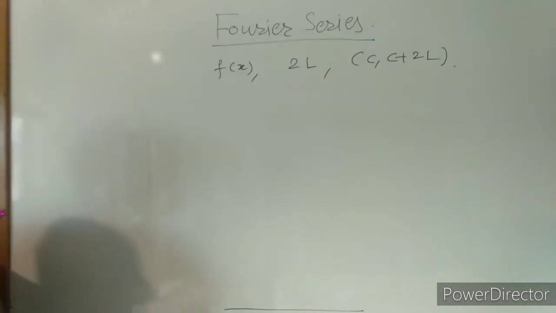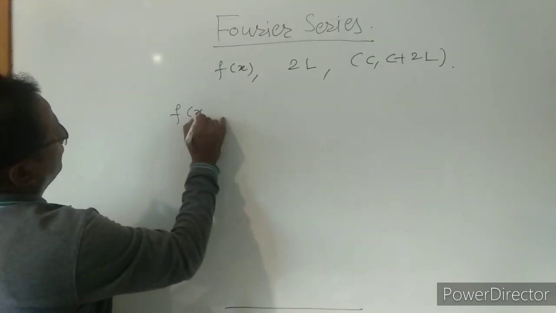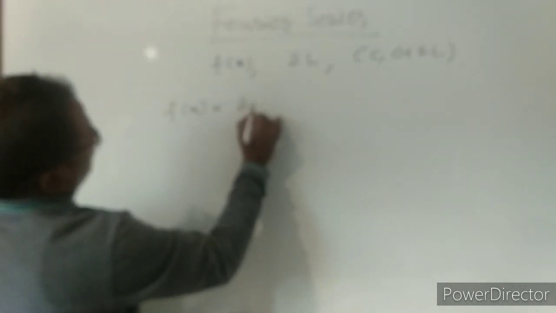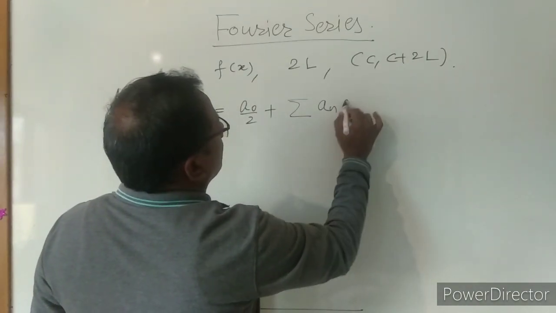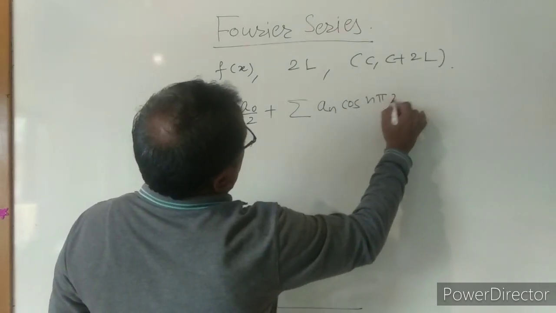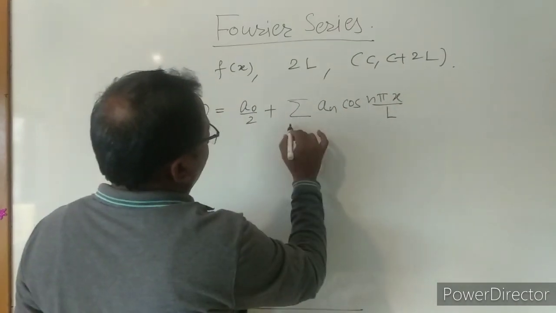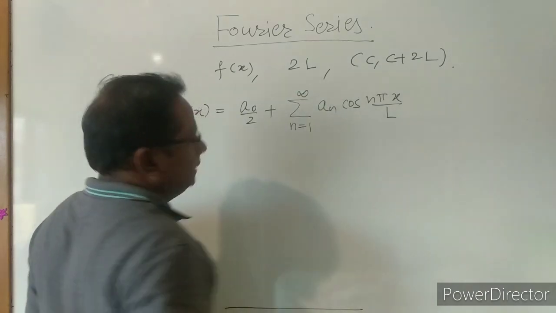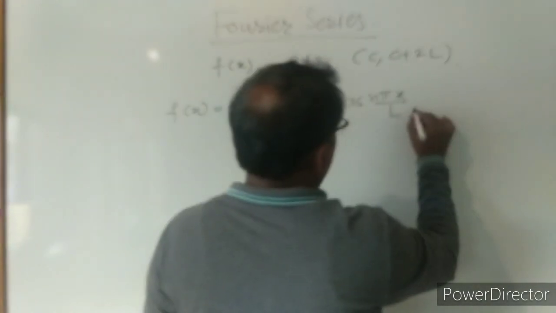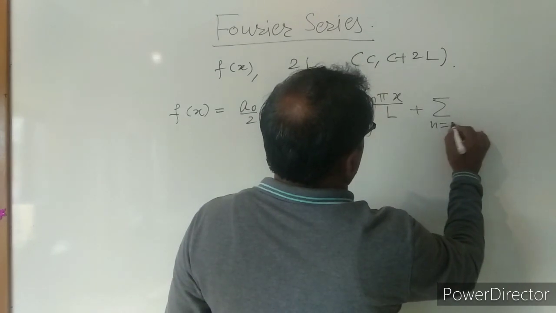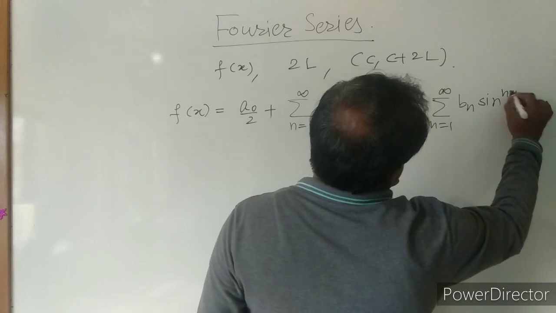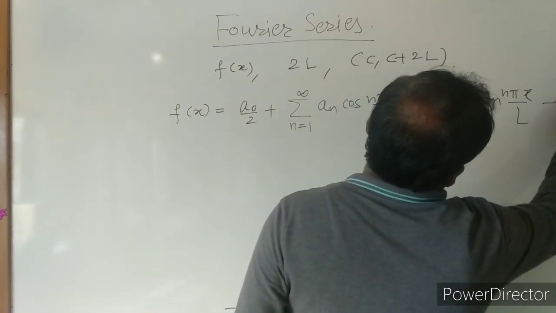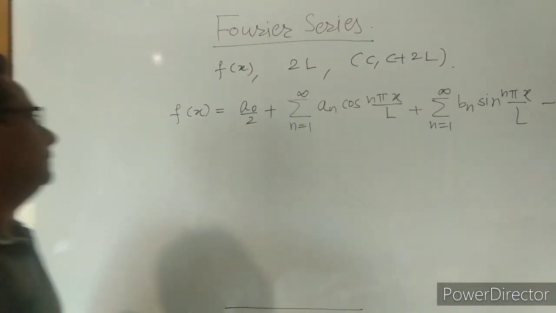Then its Fourier representation is given by f of x equals a0 by 2 plus summation an cos n pi x upon L, where the summation varies from 1 to infinity, plus summation bn into sine n pi x upon L. This summation also varies from 1 to infinity.